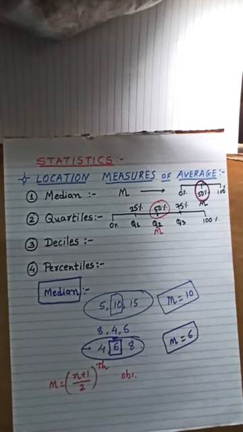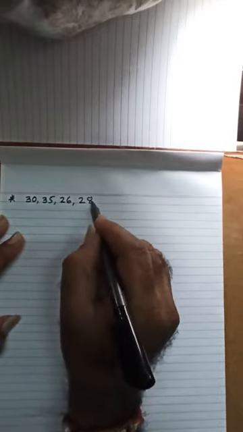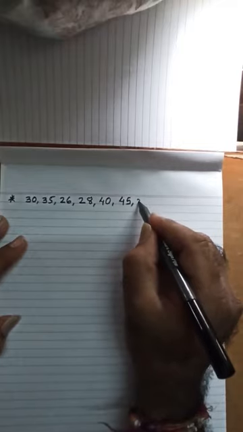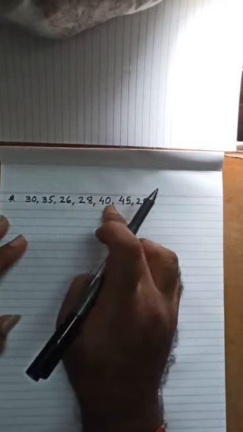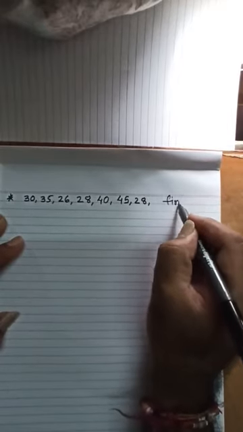Suppose the observations are given like this: 30, 35, 26, 28, 40, 45, 28, that is 1, 2, 3, 4, 5, 6, 7, and we have to find the median.